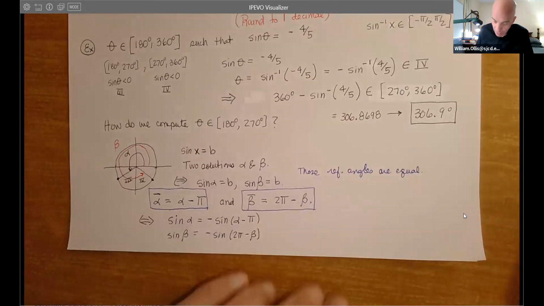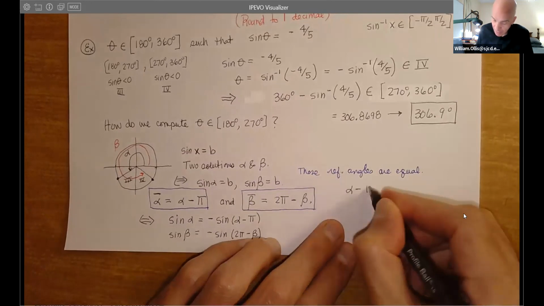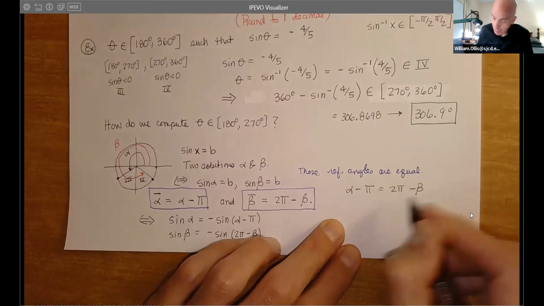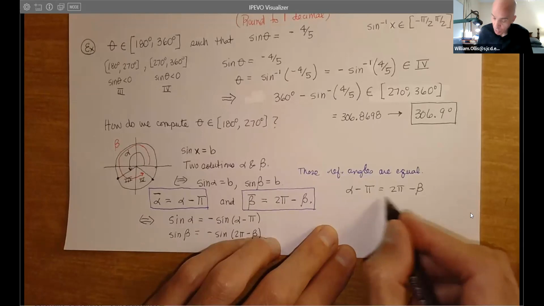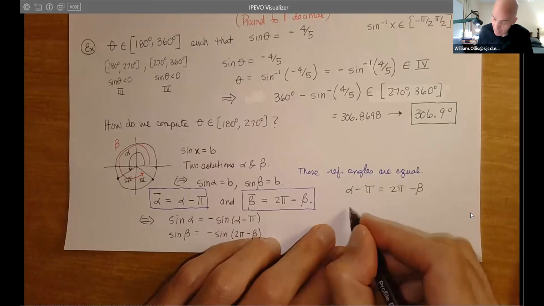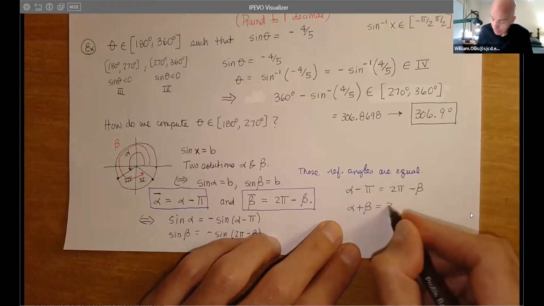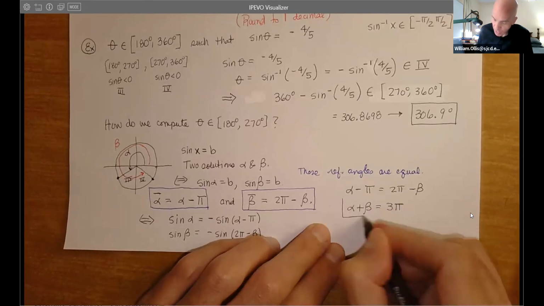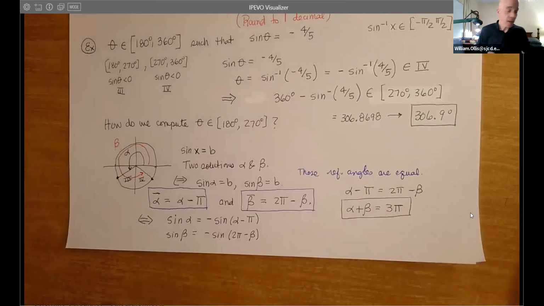And so now we have alpha minus pi equals 2 pi minus beta. And then if you like, we can just put things on two sides. Take the beta over. So alpha plus beta equals 3 pi.